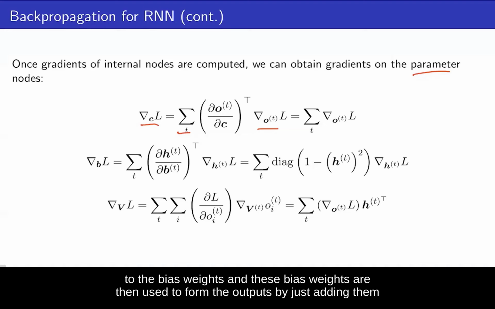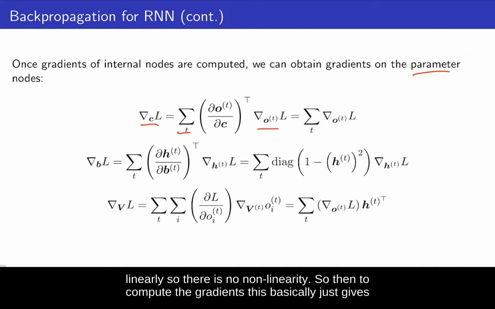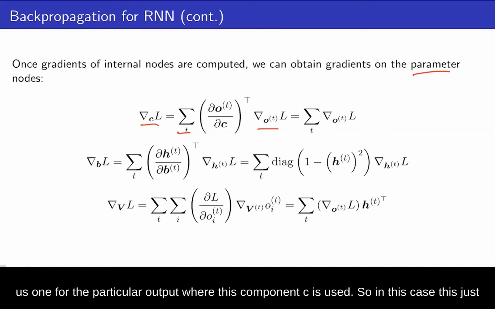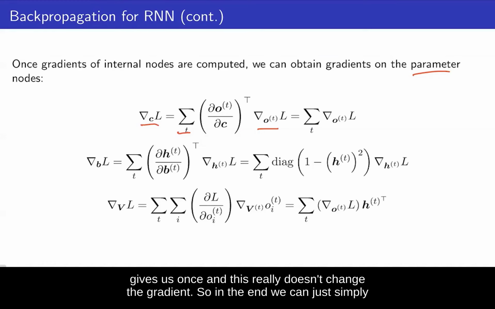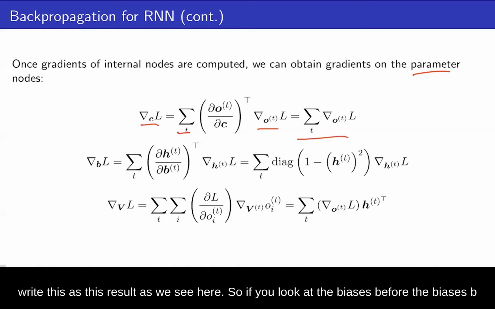These bias weights are used to form the outputs by just adding them linearly, so there is no nonlinearity. To compute the gradients, this just gives us one for the particular output where this component C is used, and this really doesn't change the gradient. So in the end, we can simply write the result as we see here.